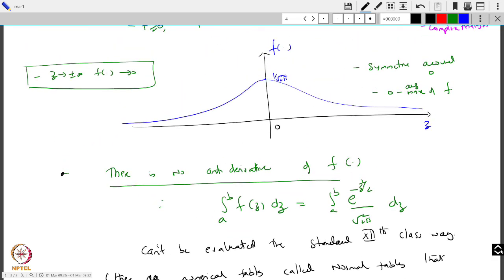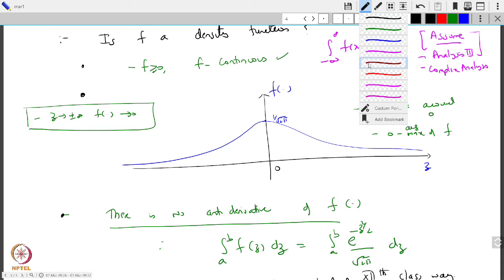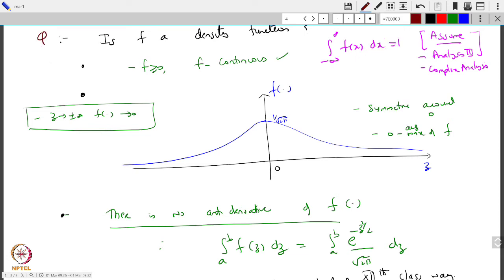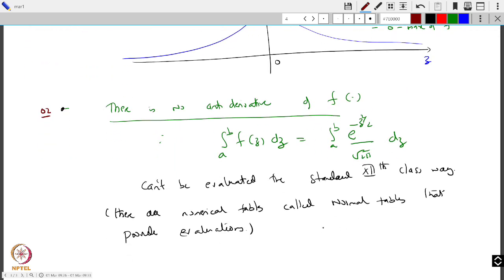The first observation is the graph, that the graph is simple. The zeroth observation is the density function, which we'll assume. So to calculate probabilities, you'll have to go to the normal tables. You cannot do it by hand or by guessing the antiderivative. It's not possible. There's not even a close approximate antiderivative. You have to do it numerically.